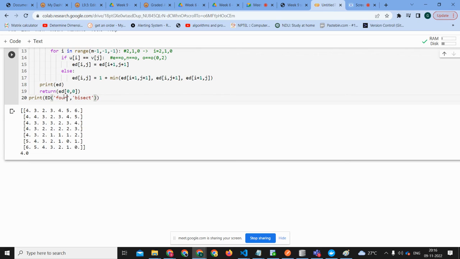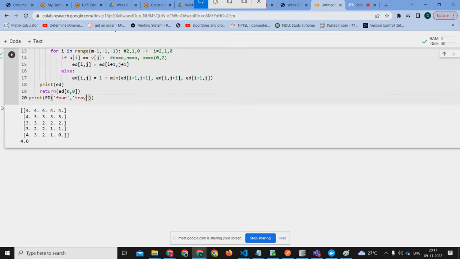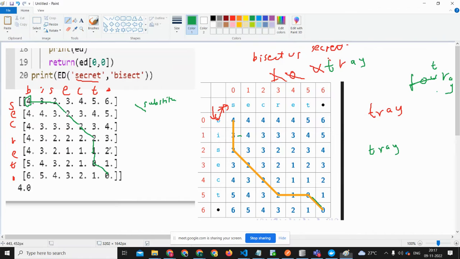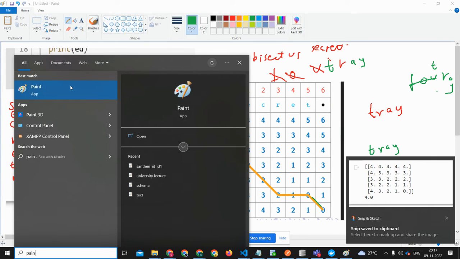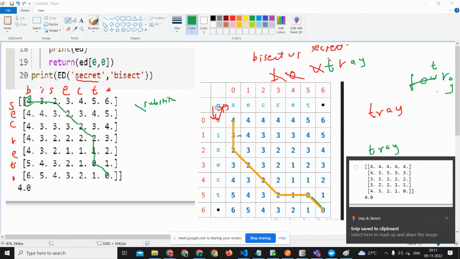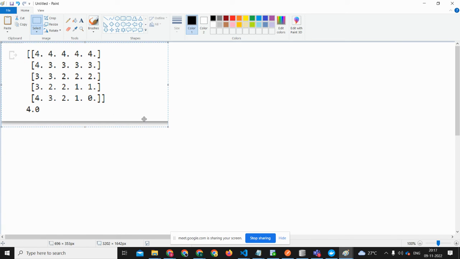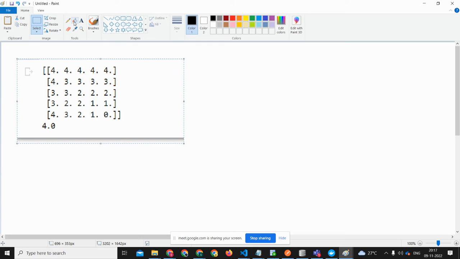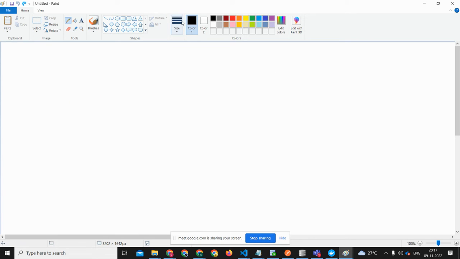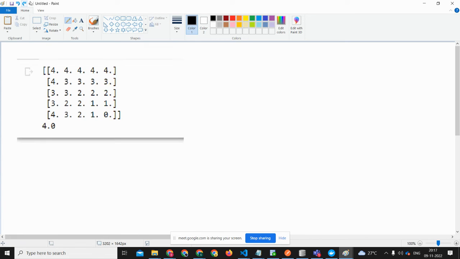Wait, we'll check that also. Your last example, we have this 4 and tray, right? Let's similarly draw the lines and see. Okay, I'll create a new paint. What I would suggest is that first you manually change one word to the other.